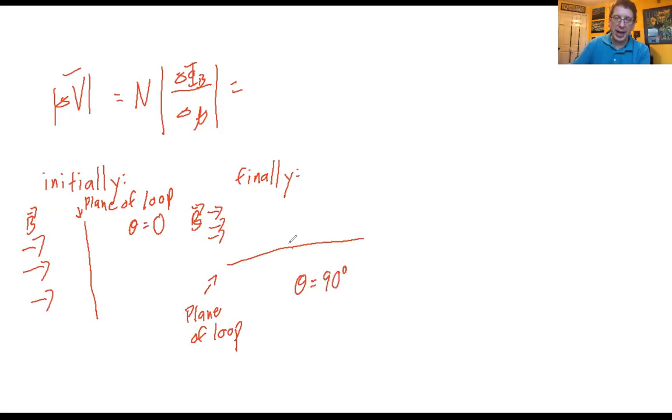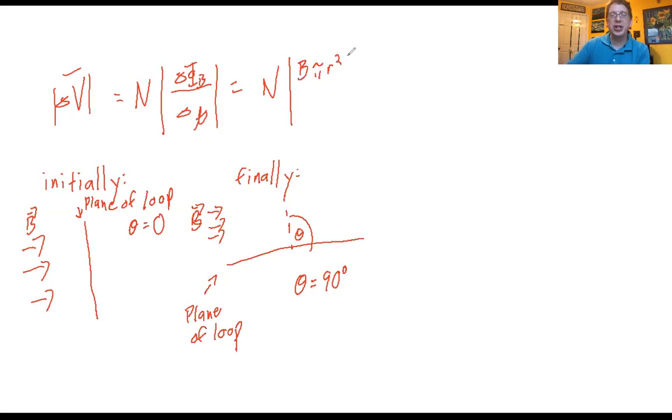Again, the angle is with a line that's perpendicular to the surface. And so the cosine of theta in this case is 0, and the cosine of theta initially is equal to 1. So we can write this as n B times the area, which is pi r squared.